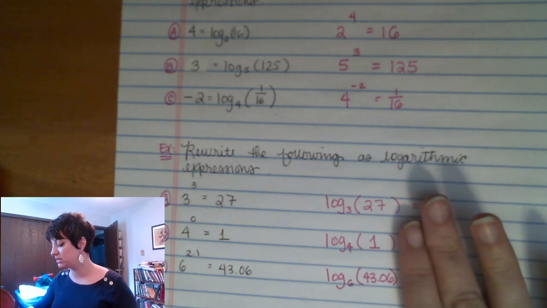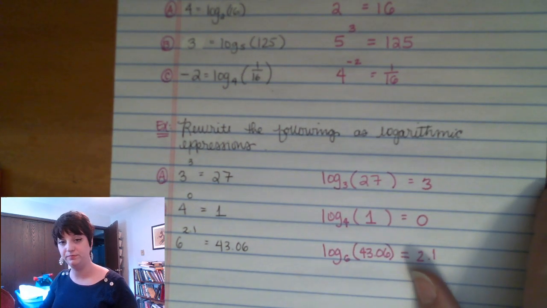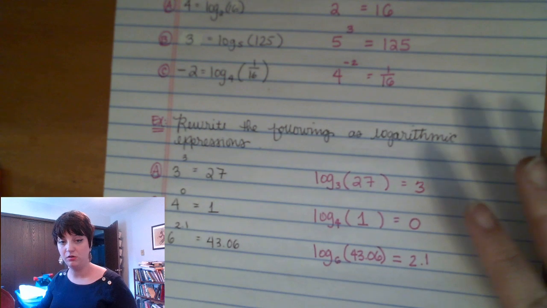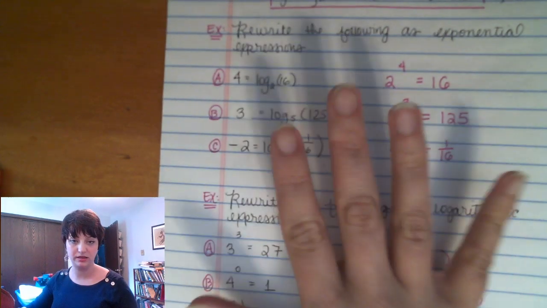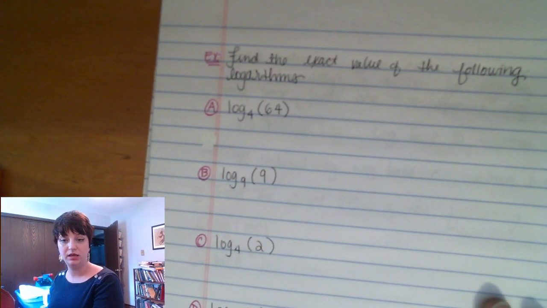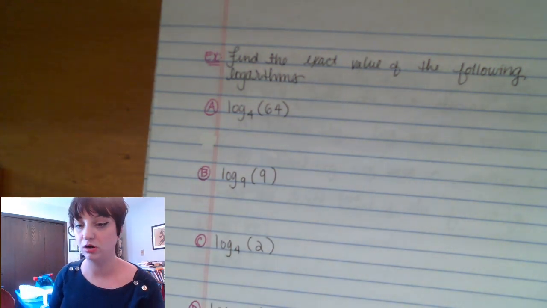If I want to raise 6 to a power to get 43, I need 2.1. All right, so I don't think that they make you do this problem type in Hawks, but I think that it's good to do these.